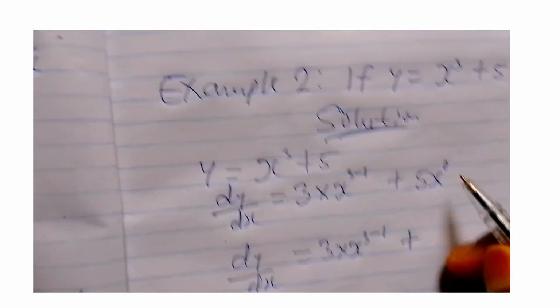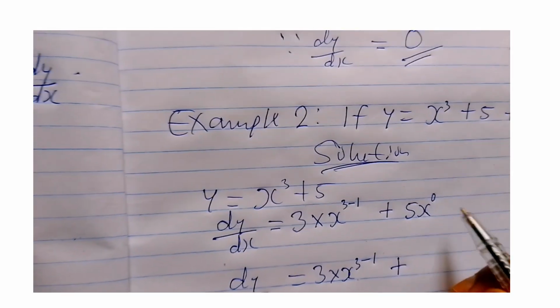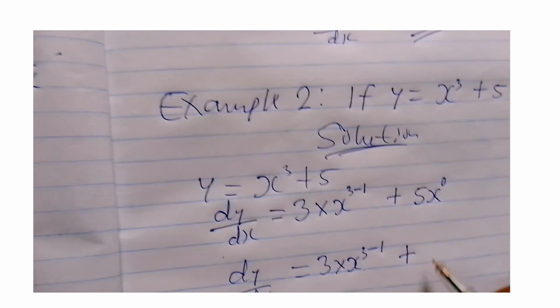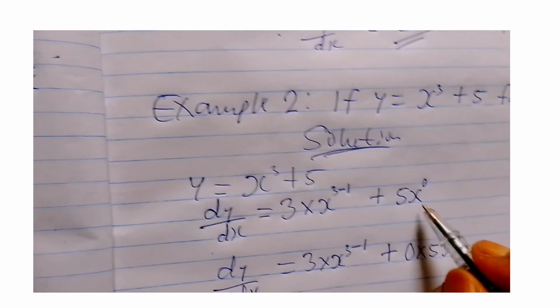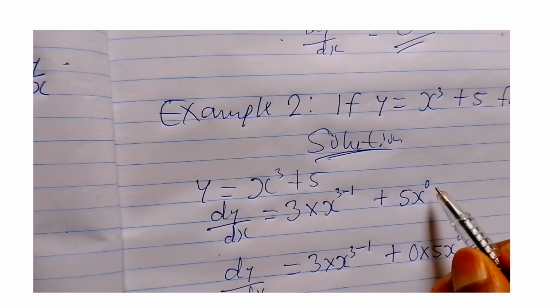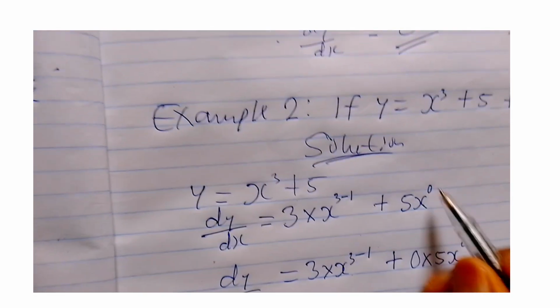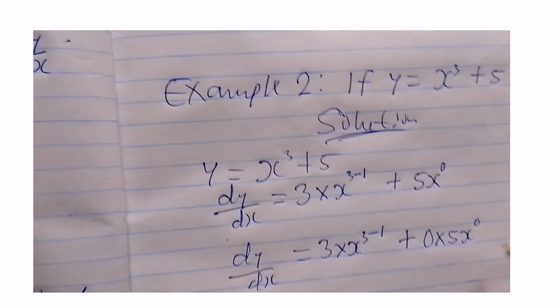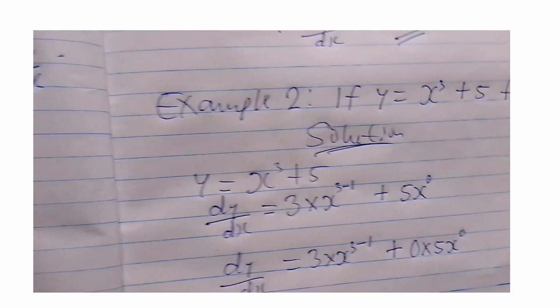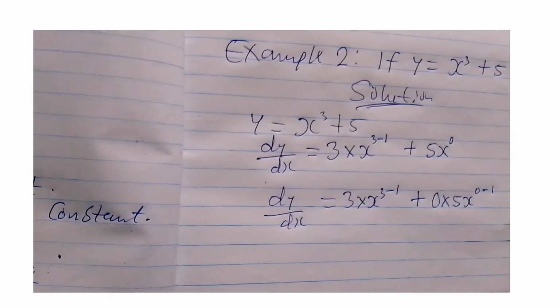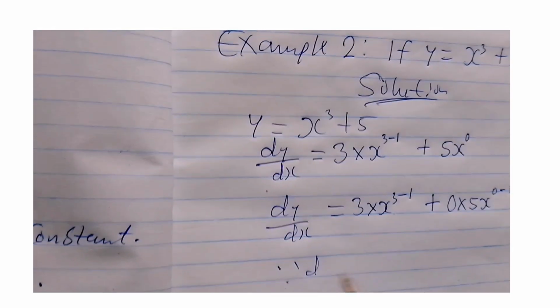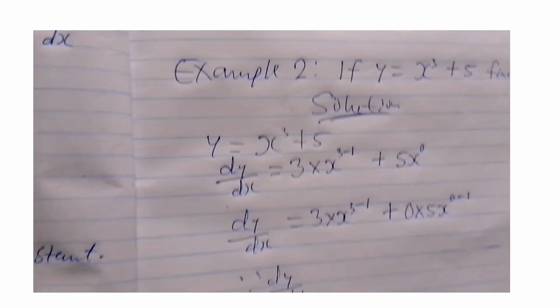This thing is raised to the power of 0, and 0 multiplied by 5x is 0 times 5x. The power multiplies the entire function, then subtract 1 from the power, based on what I did recently.